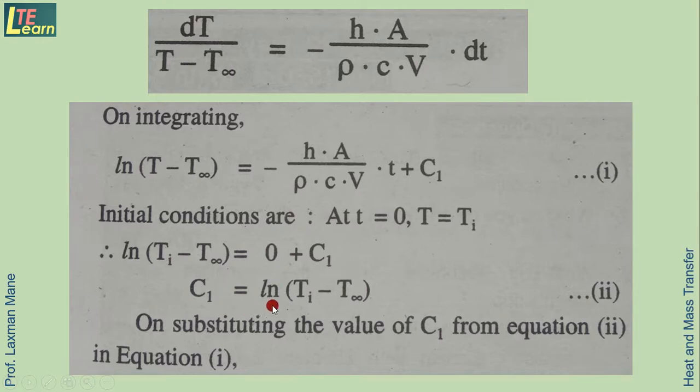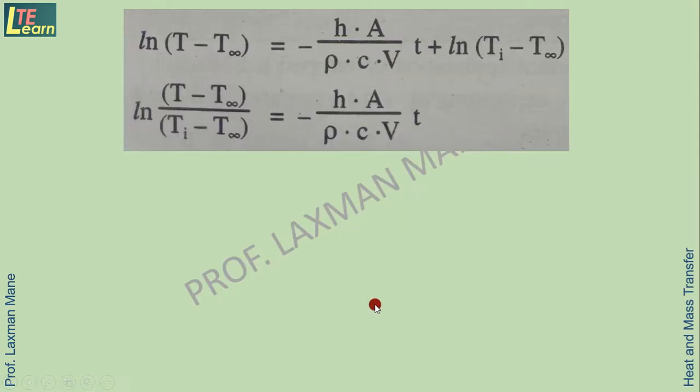So c1 is equal to ln of Ti minus T infinity. Putting this value in equation 1, we find ln of T minus T infinity is equal to minus hA upon ρ C V t plus ln of Ti minus T infinity. Arranging the terms, we find this equation.